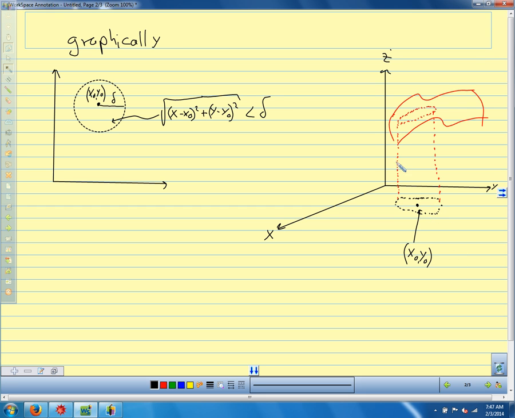So when we're within this disk, that's telling us that our z value, which is the height above the xy plane, the highest the function gets us here, the lowest it gets us here. Our limit would be somewhere in this interval. So this would be L, this would be L plus epsilon, and this point down here would be L minus epsilon.